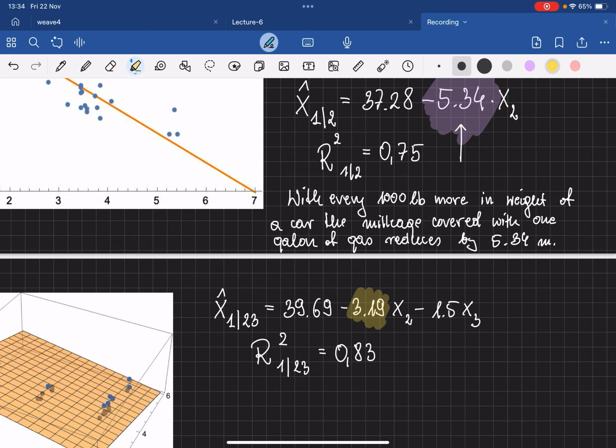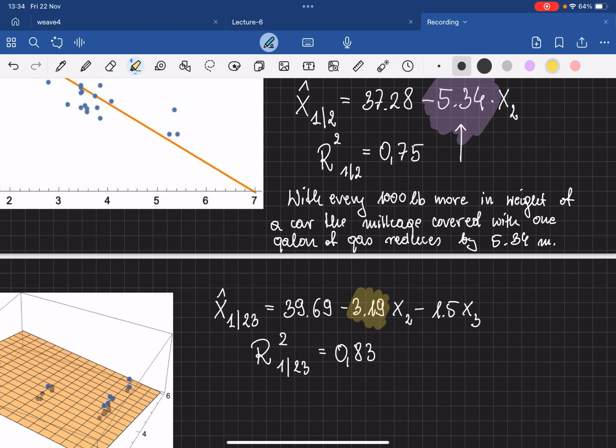However, if we then look at multiple regression and again ask of the coefficient in front of x2, which is the weight variable, we see that the number is completely different. So again, it is the difference between mileages of two cars that have weight that differs by 1,000 pounds, but assuming they have the same number of cylinders.